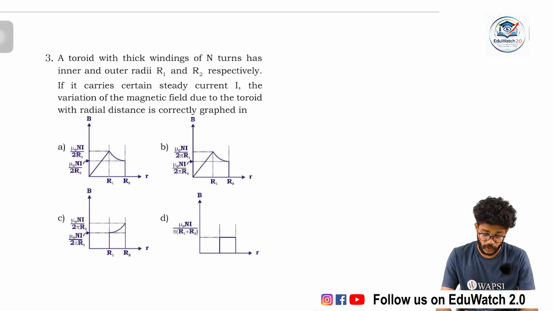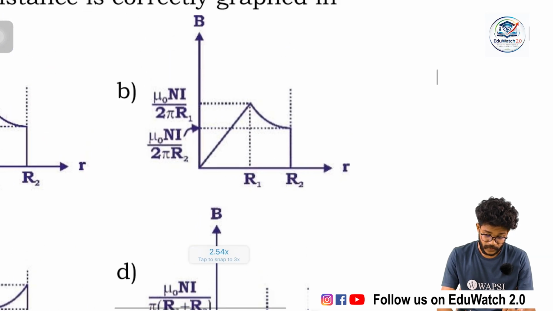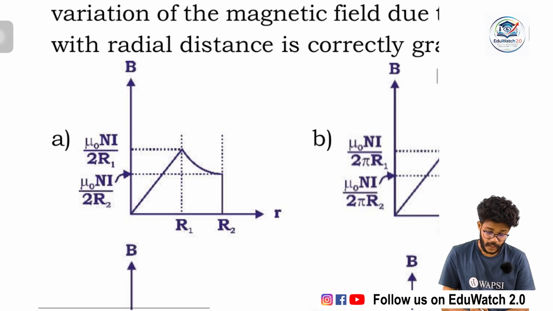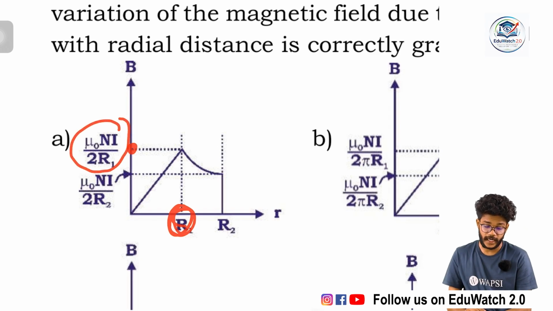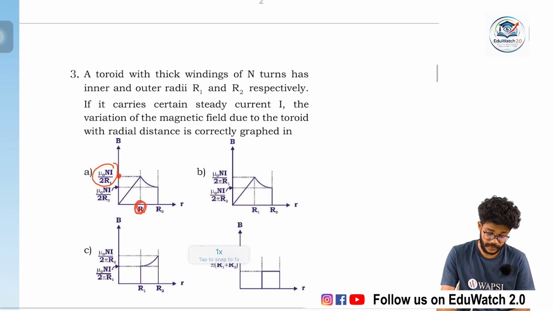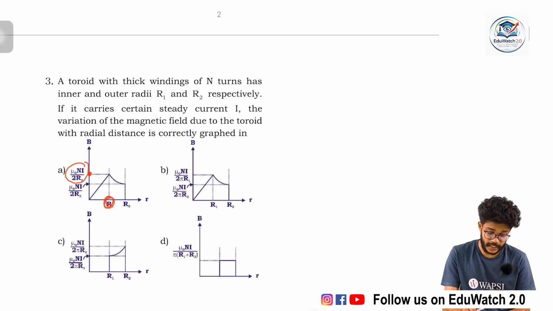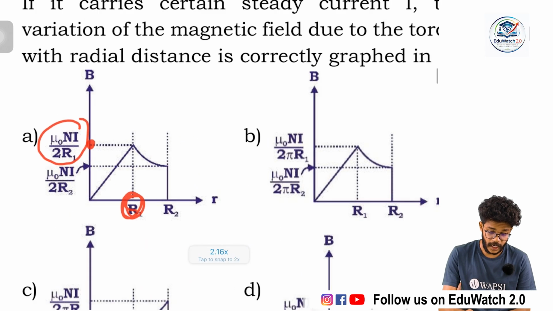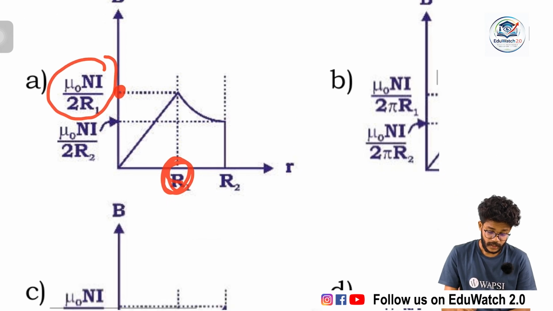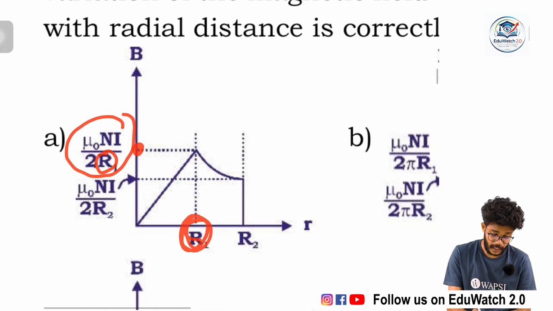So we want to observe each graph. The first one shows a high magnetic field for R1, and they have given the equation mu 0 N i by 2 pi R. Here R1 is the outer radius and the inner radius is R2, that means R1 is greater than R2.